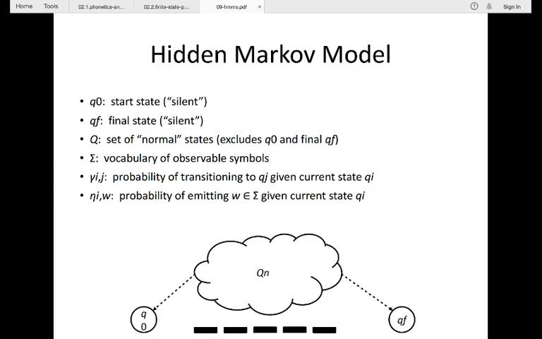And then you have two kinds of probabilities. You have transition probabilities, gamma. So gamma ij is the probability of transitioning to qj given the current state qi. And you have emission probabilities. So eta, we're going to use gamma and eta for transition probabilities and emission probabilities.